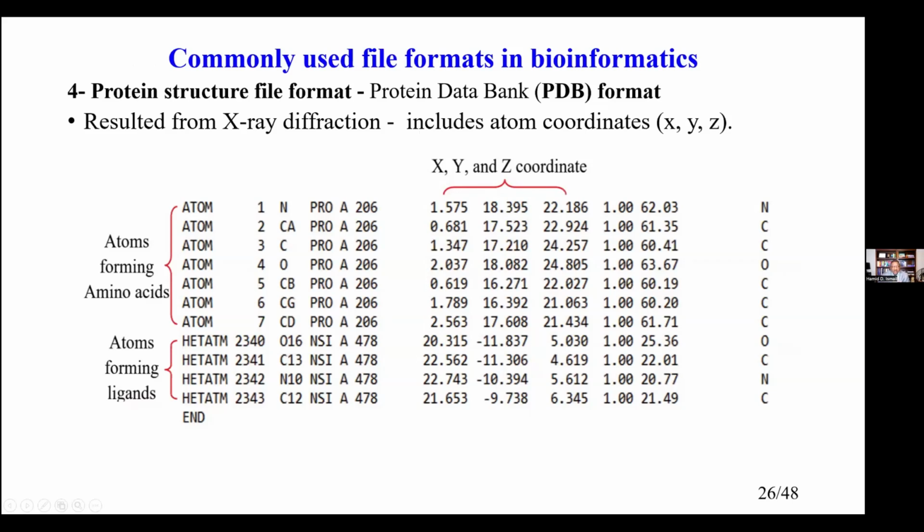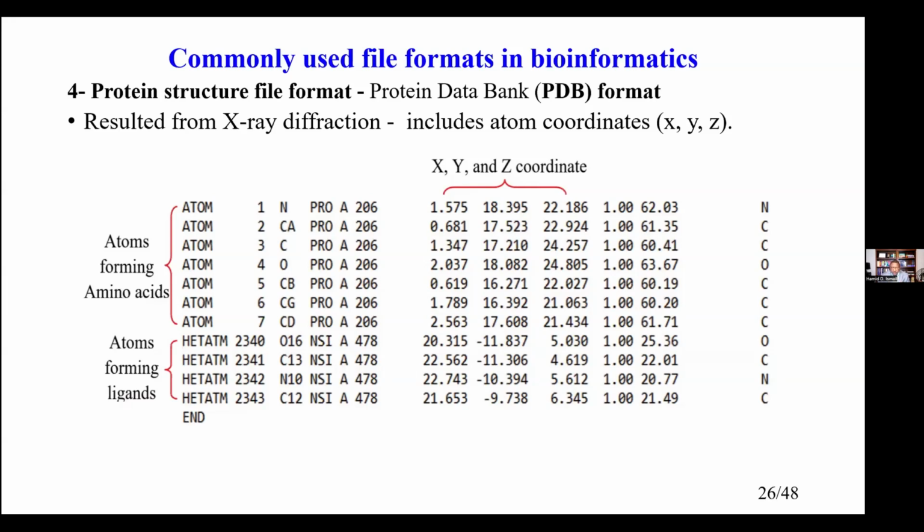The other data format is the protein structure data format, and it includes the coordinates, and we get this from X-ray diffraction. And the good thing is there are 2 protein structure formats. One is PDB and one is PDBx.